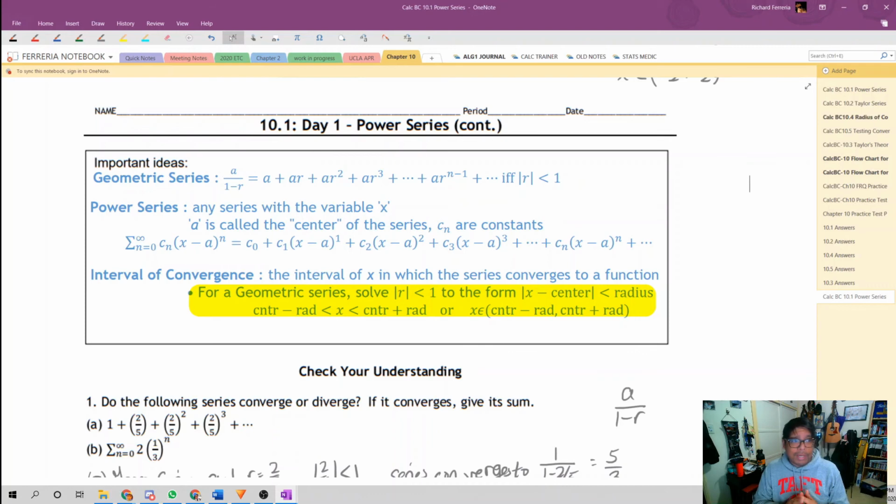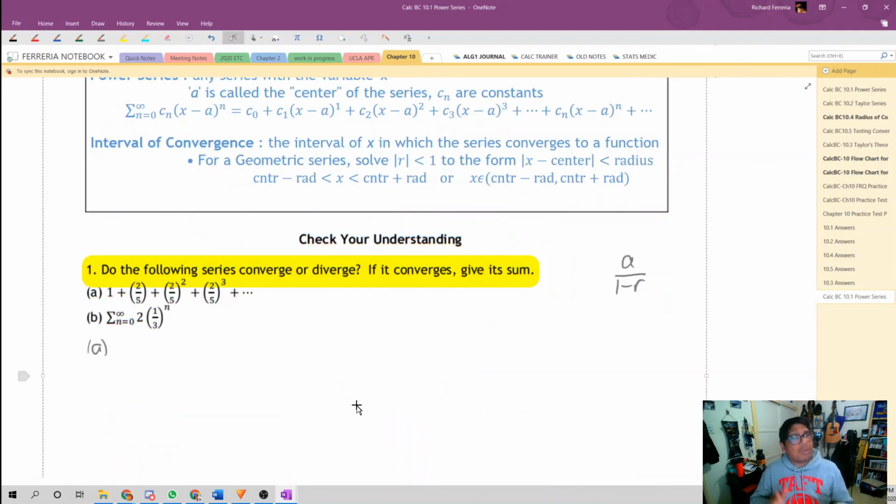And in order to find the interval of convergence, you need to solve this so that you get an inequality of the form x minus the center is less than the radius. From there, you can write your interval of convergence as center minus radius to center plus radius, either in an inequality or in set notation.